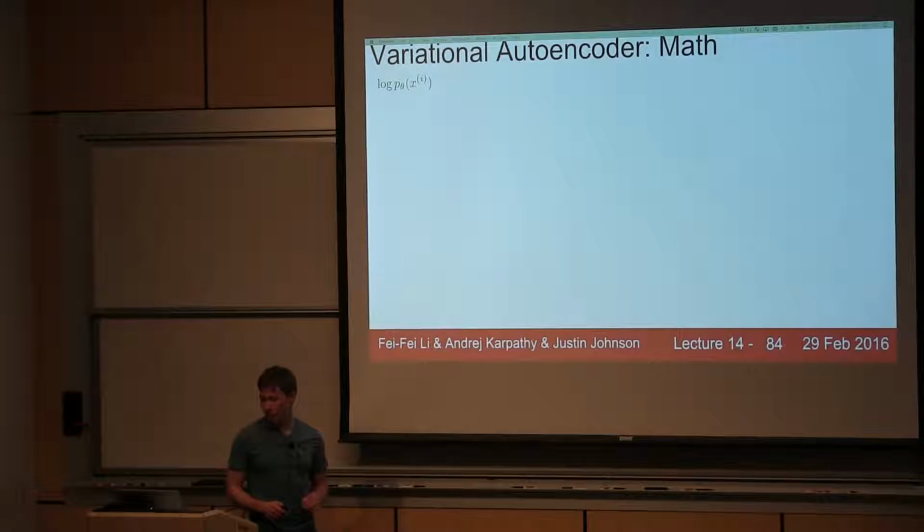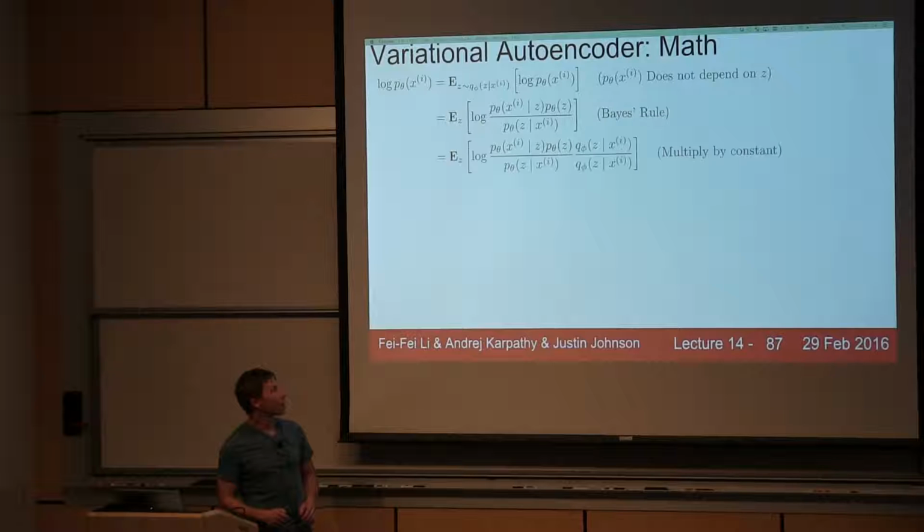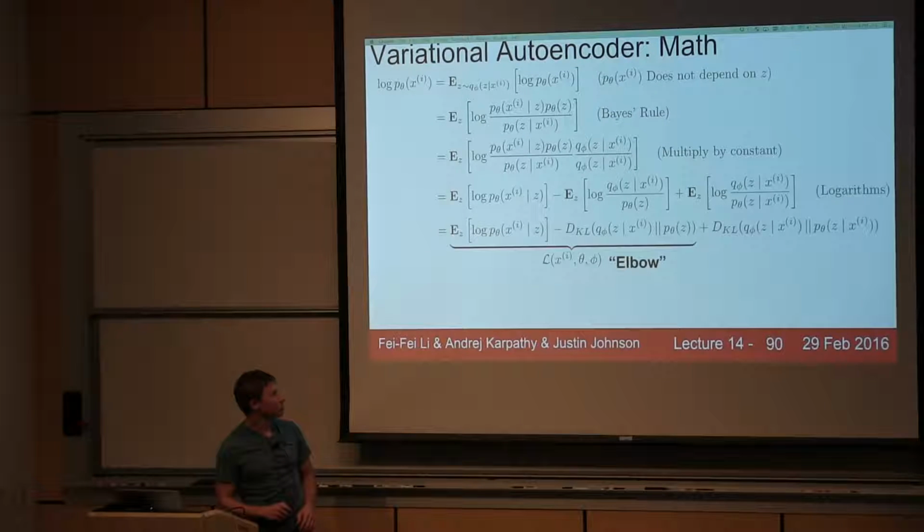So instead, the variational autoencoder does this thing called variational inference, which is a pretty cool idea. And the math is here in case you want to go through it. The idea is that instead of maximizing the log probability of the data, we're going to cleverly insert this extra constant and break it up into these two different terms. This is an exact equivalence that you can maybe work through on your own.